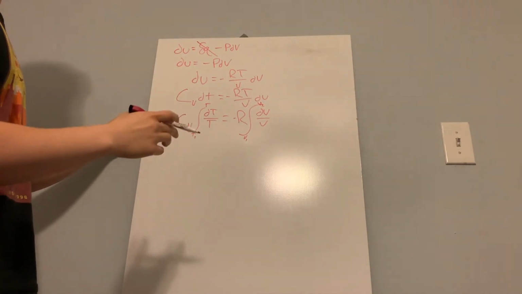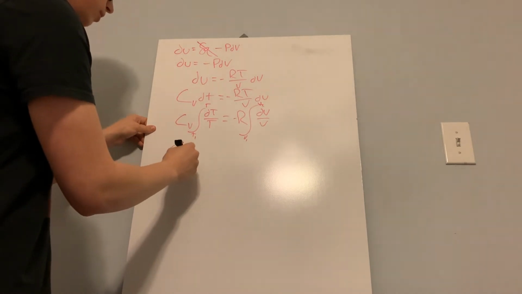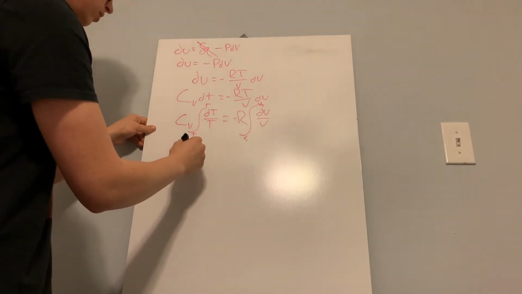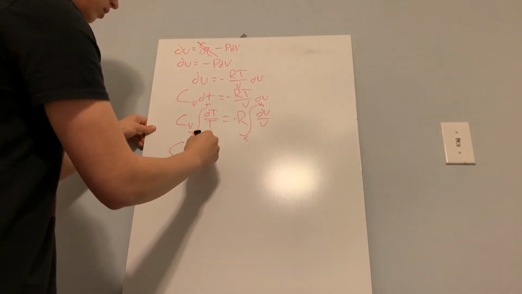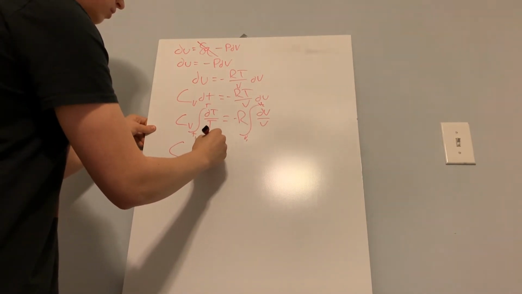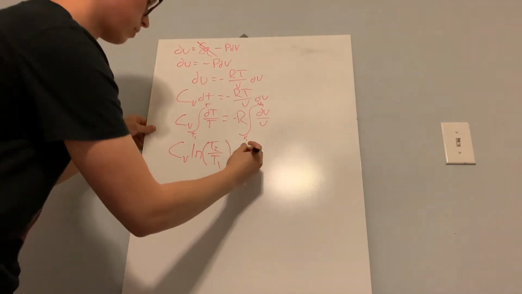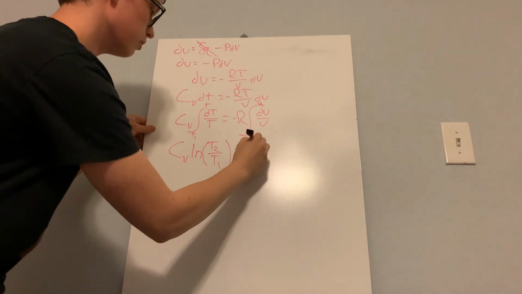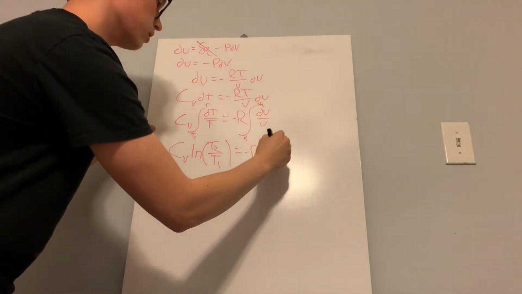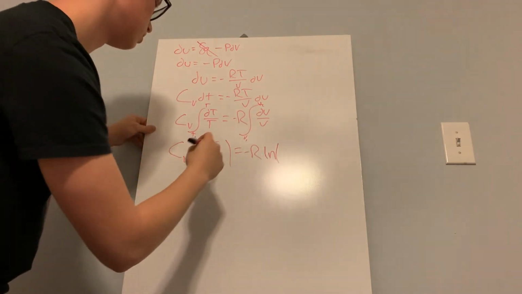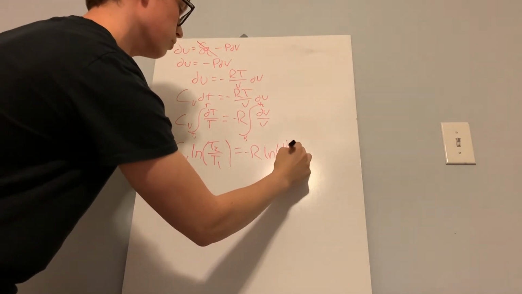And actually solving both of these integrals, it's just going to be the natural log. So we have Cv times the natural log of T2 over T1 equal to negative R times the natural log of V2 over V1.